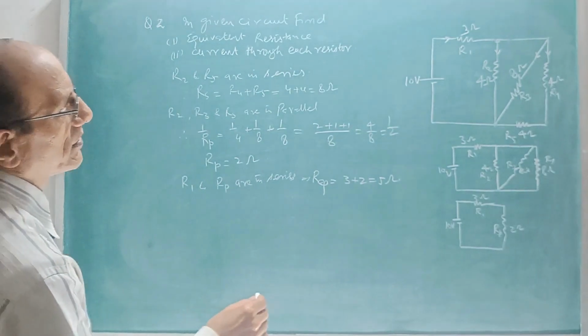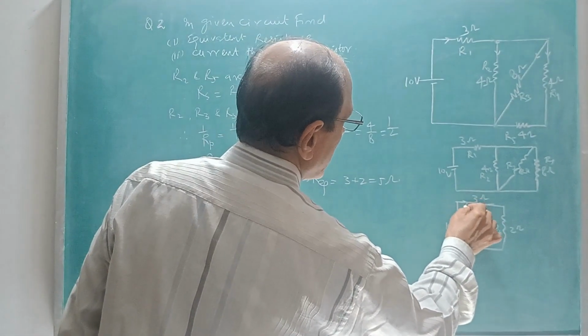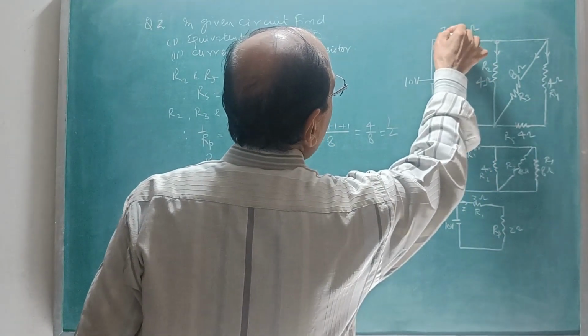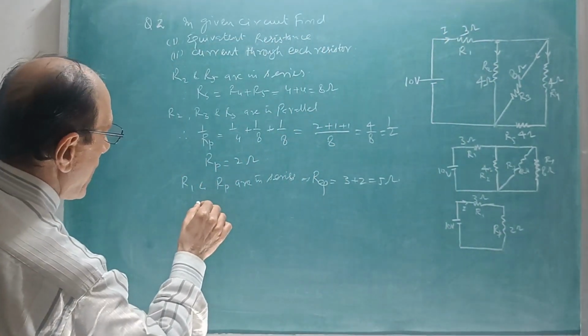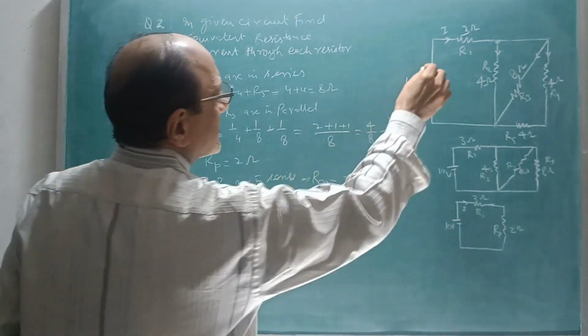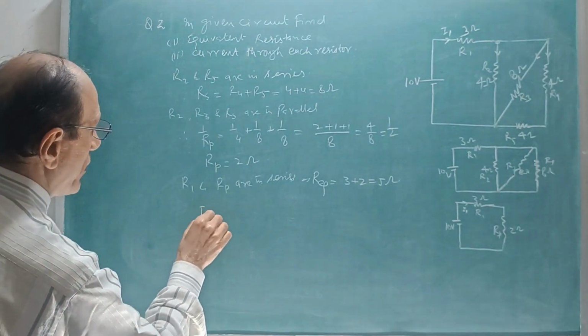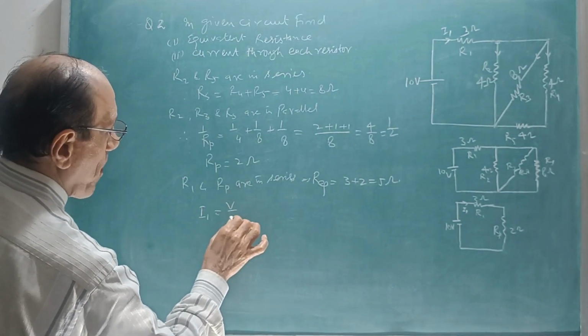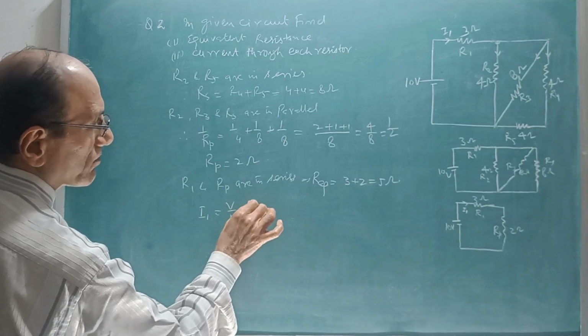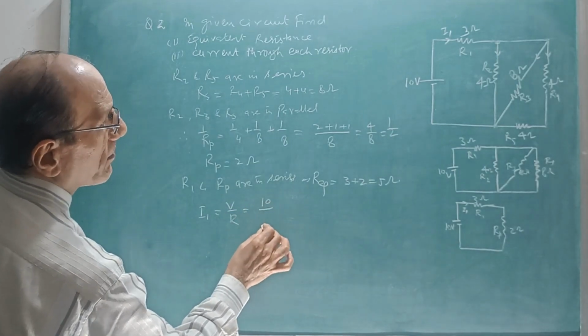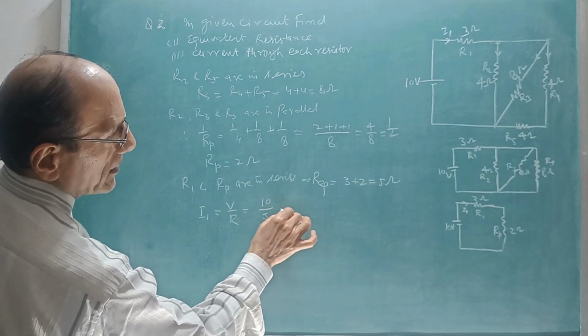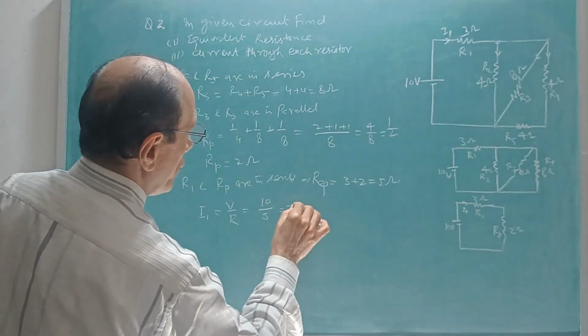So the current through this, suppose I will say I1, so this will be I1. So I1 will be equal to V by R equivalent, that is 10 divided by 5, that is 2 ampere.